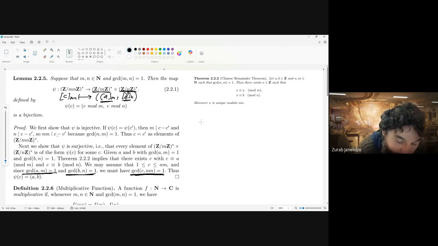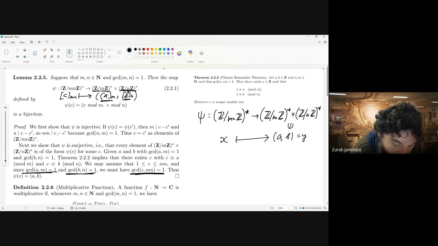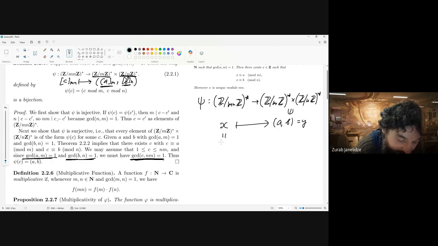So where are we in our proof? We started proving surjectivity of the function psi that goes from Z over MN Z star to the Cartesian product of Z over M Z star and Z over N Z star. We picked an element AB in there, our Y value, and then we were looking for an X that would map there. We figure that such X does indeed exist.